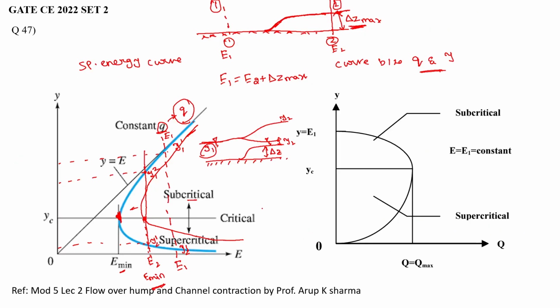In a choked condition, what happens? Let me put it in the correct words. For the flow to be possible in the choked condition, the upstream flow condition must change. Let me write it here so that it will be clear for you.